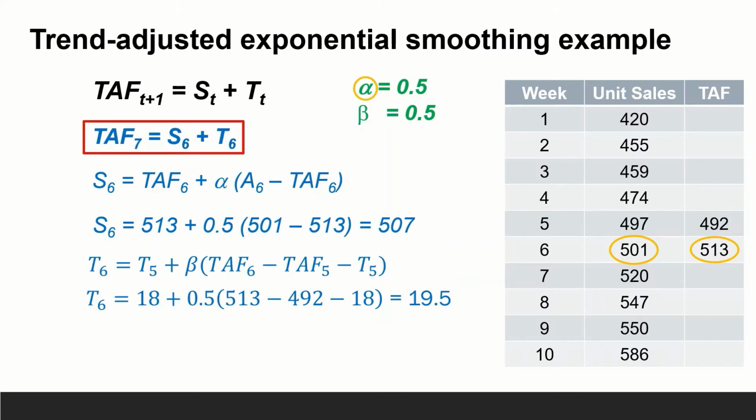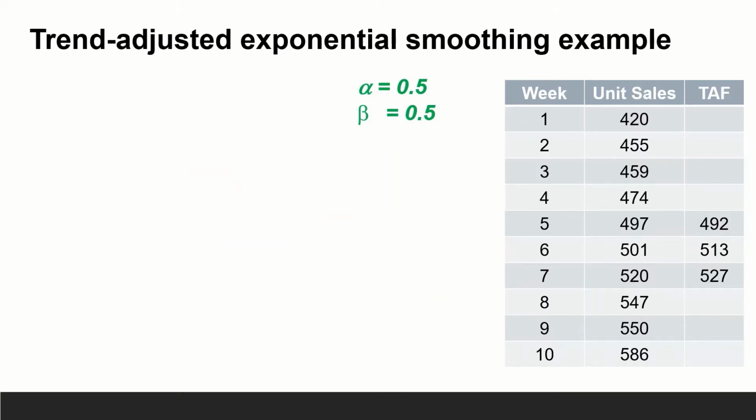To calculate the forecast for period 7, TAF7, using this equation, TAF7 equals 507 plus 19.5 equals 526.5, approximately equal to 527. So the forecast of period 7 using trend-adjusted exponential smoothing equation, TAF7 equals 527.